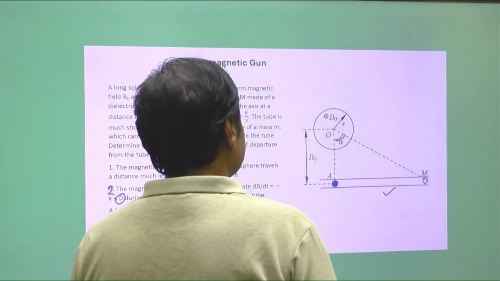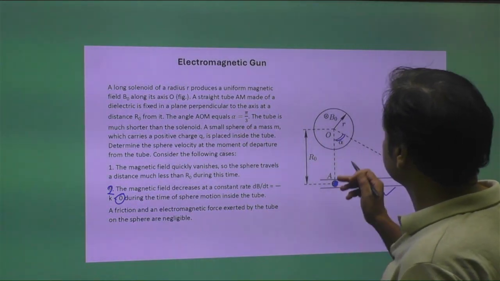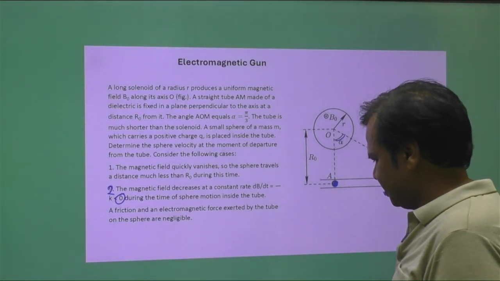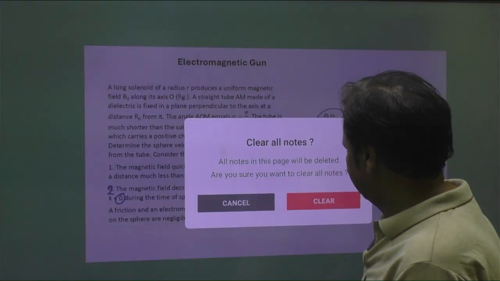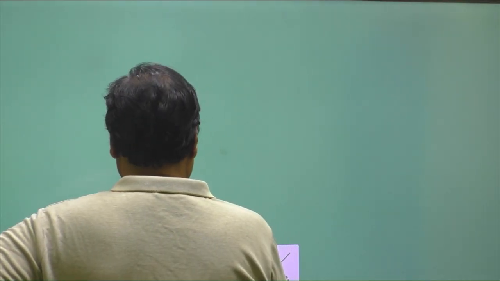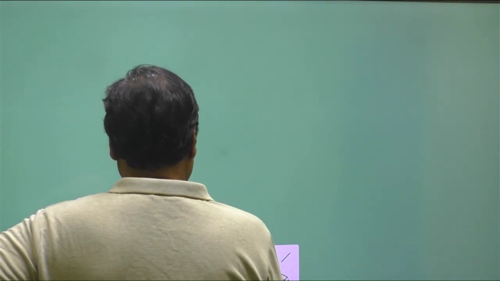So we have to solve this problem. In the first case, we barely need this picture, so I'm going to make the whiteboard clear and draw a picture.